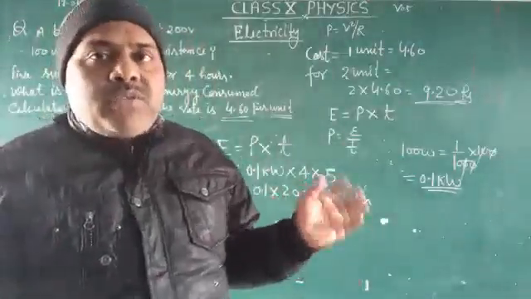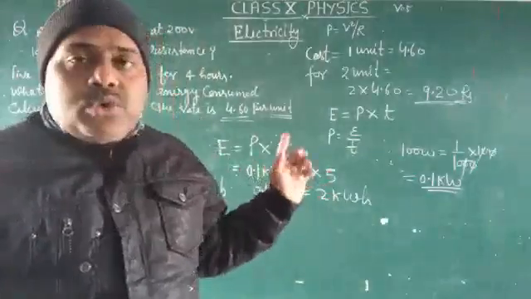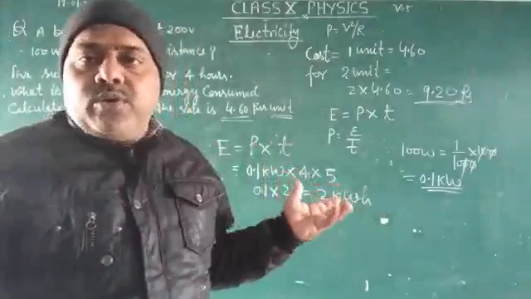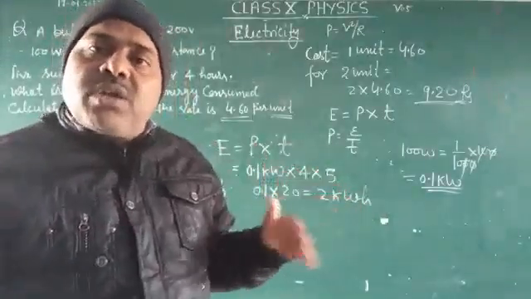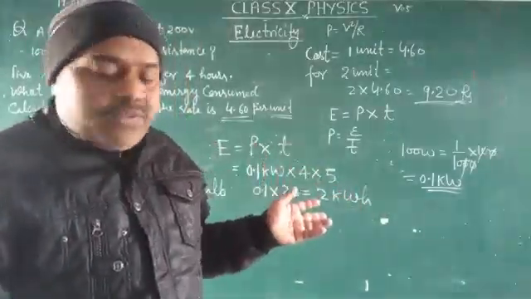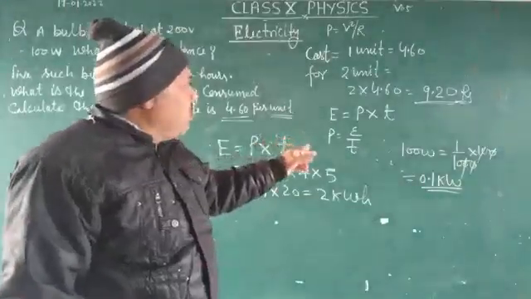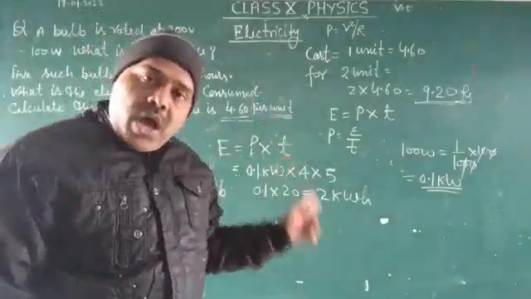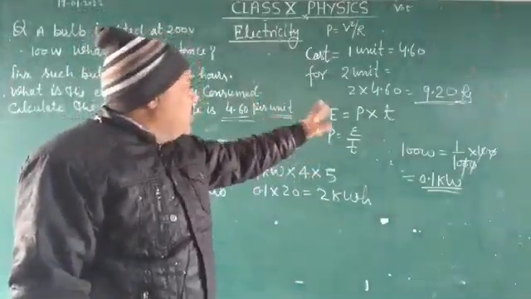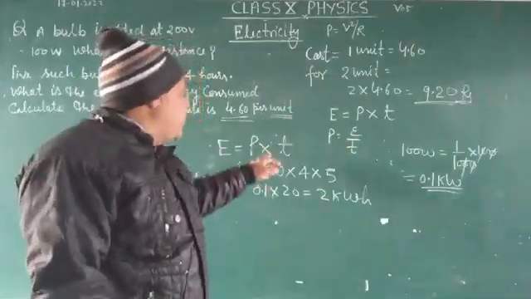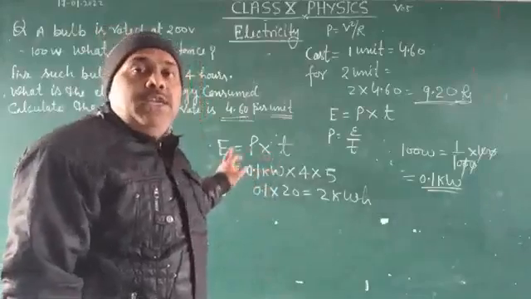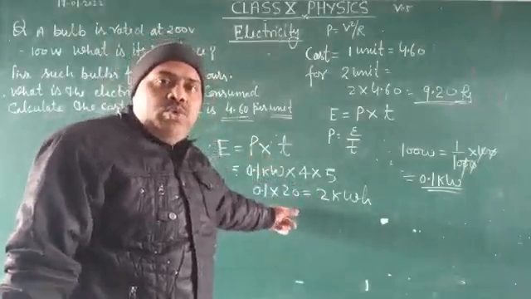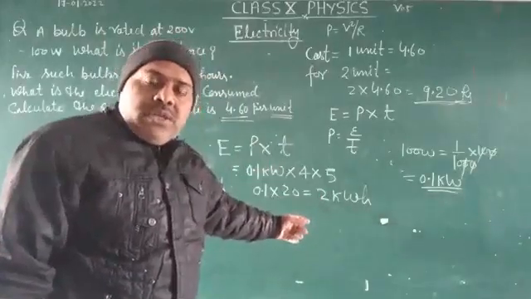So we should convert power from watt to kilowatt, and if time is given in hours, we can do the multiplication; otherwise we should convert to hours. Then we can find kilowatt hour by multiplying the power in kilowatt and time in hour, the multiplication of P into T. After that we can find the consumed energy in units or in kWh.